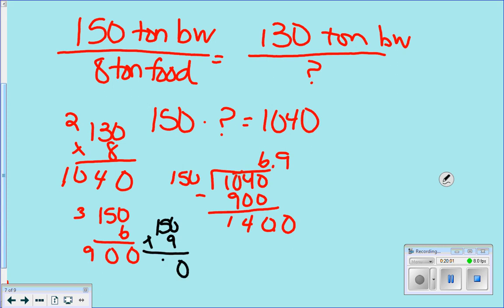Let's see, I get 0, 5, carry the 4, I get 1350, and that's, yeah. So this whale eats 8.6 or 6.9 ton of food. That's a lot of food.